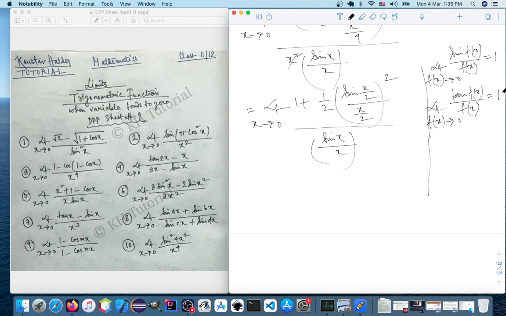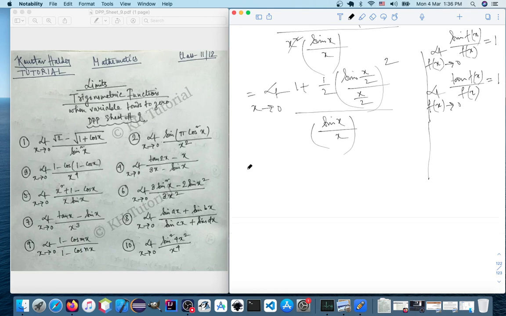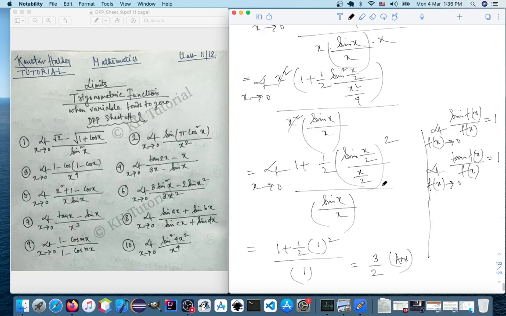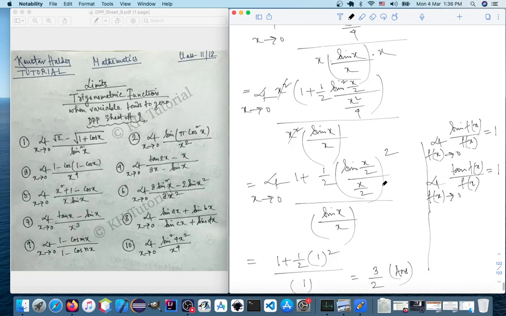I have already discussed this in the previous video. Now we can apply the standard results and we get the limit as 1 plus half 1 square divided by 1, and how much is this? This is 3 by 2, the answer. Okay, let's see the next problem.